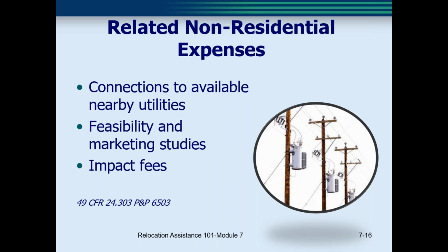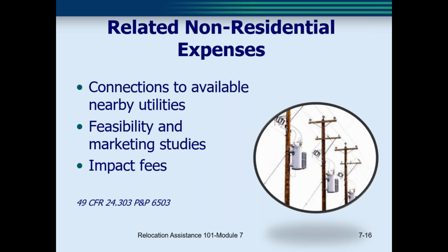The first item is for connection to the available nearby utilities from the right-of-way to the improvements at the replacement site. This provides for the running of utilities, which could include electric, water, gas, sewer, from the access point of the right-of-way to the new business site.